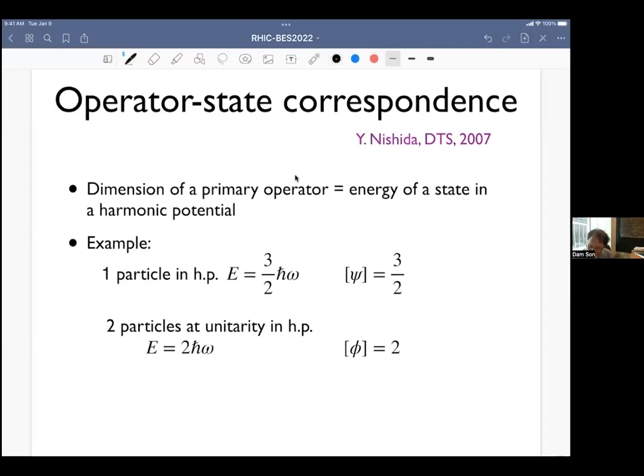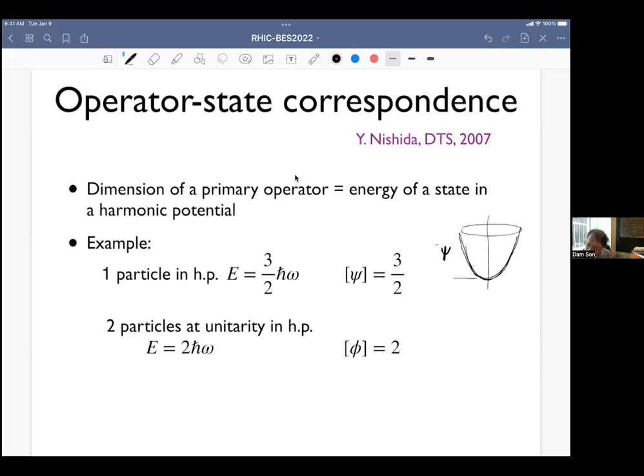The simplest operator in our field theory is the operator that creates or annihilates a single particle, psi, which has spin either up or down. The dimension of that operator, 3/2, corresponds to the ground state of a single particle in a three-dimensional harmonic potential.